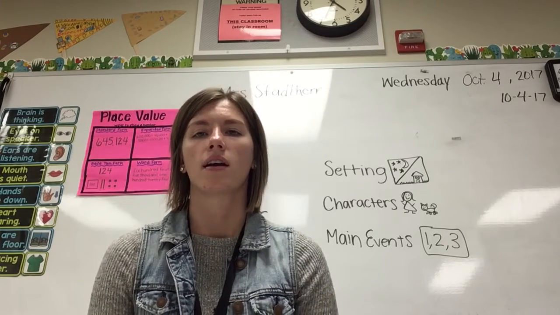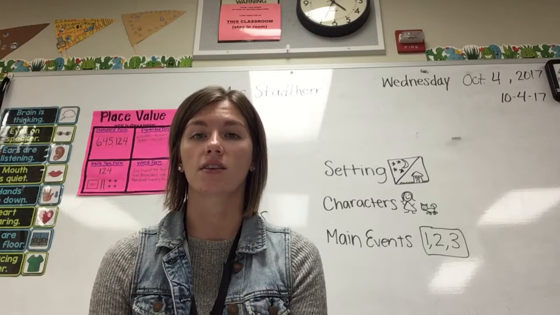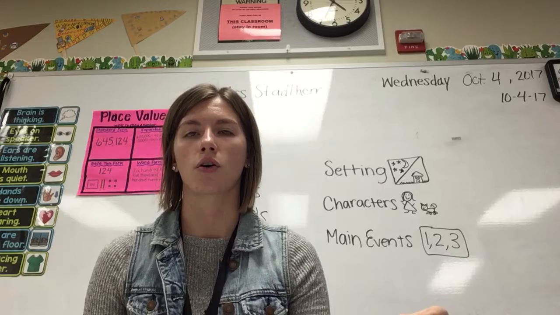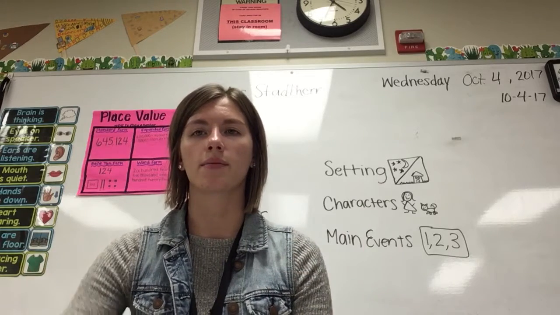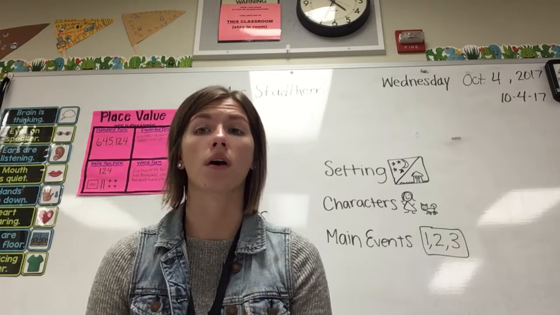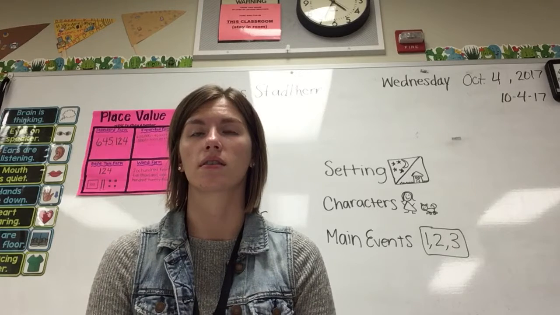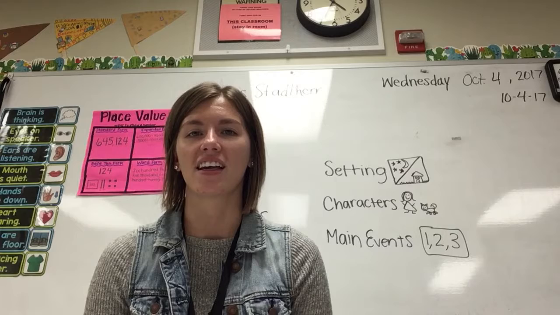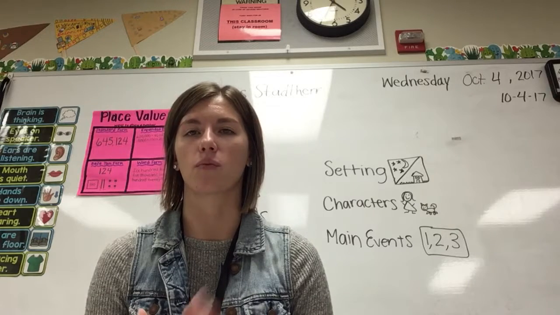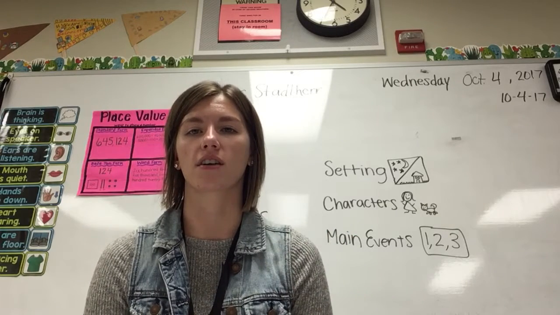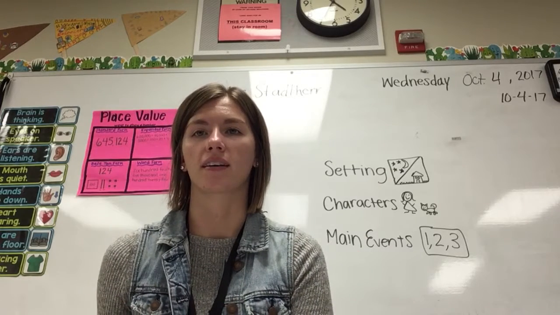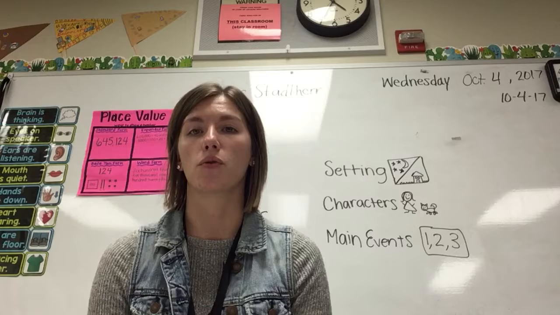Then, after we've had a discussion about characters, we can go back and we can put the crayon bucket on the table. Again, draw 1 or 2 characters, because at first grade, 1 or 2 is just enough to understand if they understand what a character is and who the characters are in the story. Again, crayons go back in the bucket, remove the bucket, and then we go back and review main events.